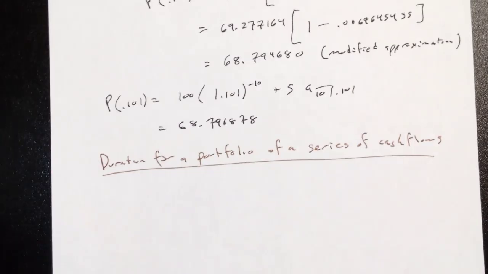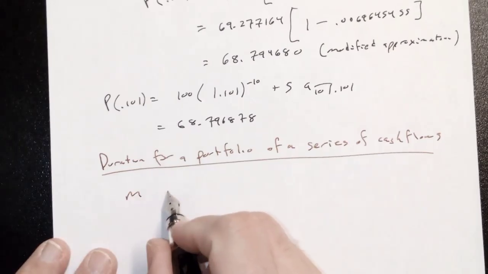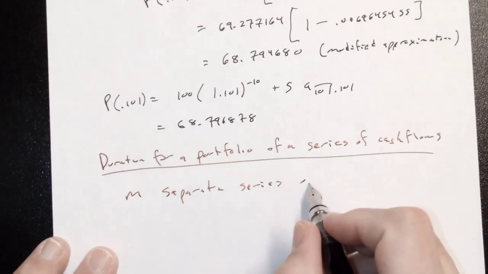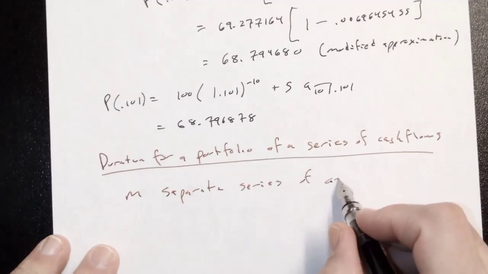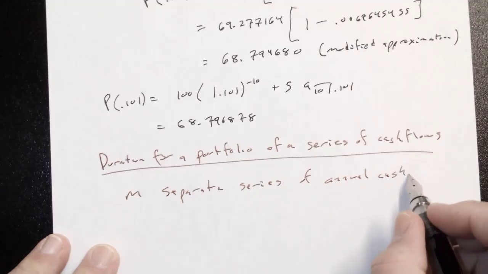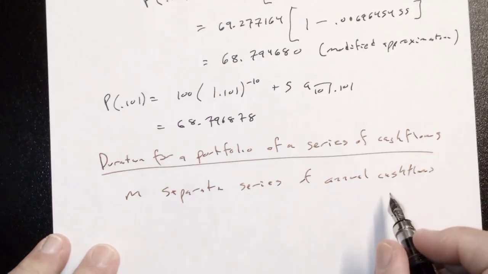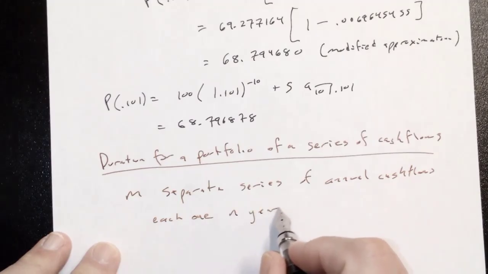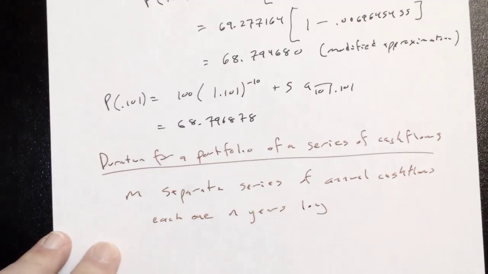I can think of each one of them as a series of annual behaviors. So I'm thinking about a 10-year occurrence. Every one of these will be considered as a 10-year series.